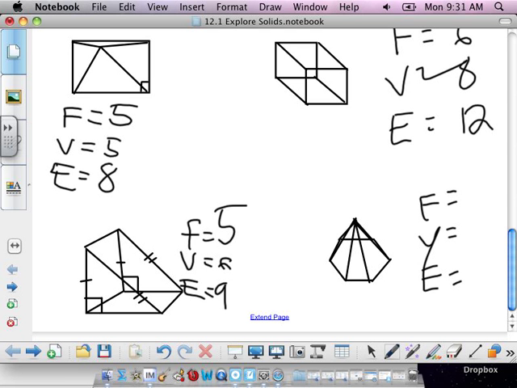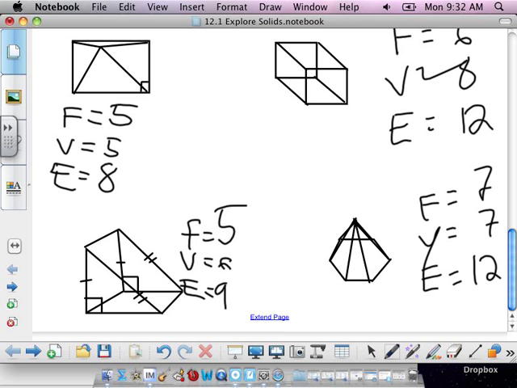How many faces do we have? We've got the bottom, right? So we've got 1, 2, 3, 4, 5, 6. We've got a total of 7 faces. How about the vertices? I have 1, 2, 3, 4, 5, 6 on the bottom, plus 1 gives us 7. And the edges, we've got 6 on the bottom. 7, 8, 9, 10, 11, 12.